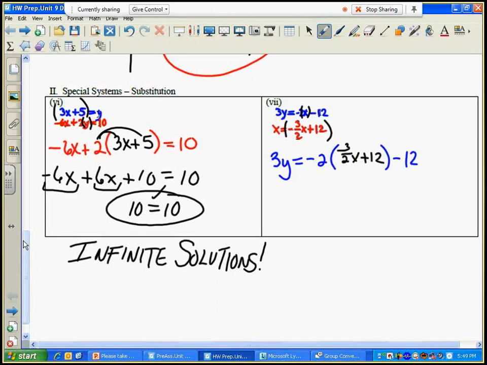On this right side, we have to make sure that everything is simplified before we move on. A little distributive property there, and eventually we'll combine our like terms. So 3y equals, let's see, negative 2 times 3 over 2. Remember, just put the negative 2 over 1. On the top, we're going to get negative 6. On the bottom, we get 1 times 2 is 2. Negative 6 divided by 2 is negative 3, so we have minus 3x.